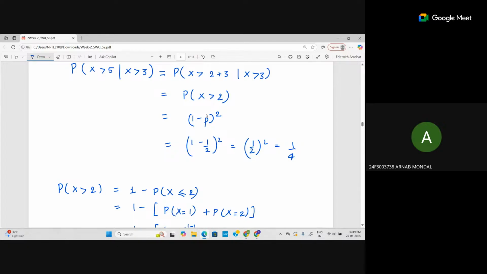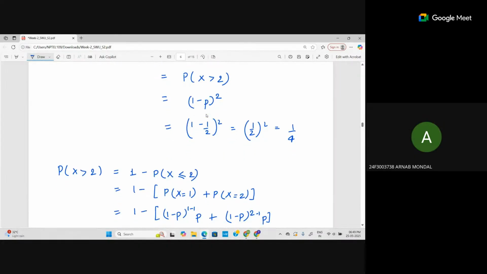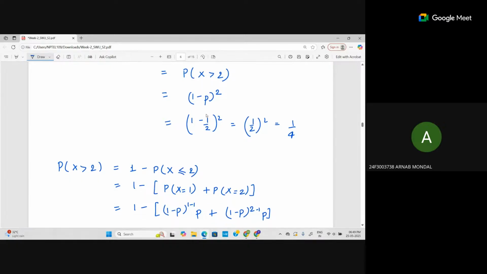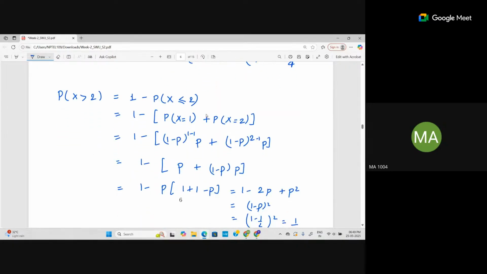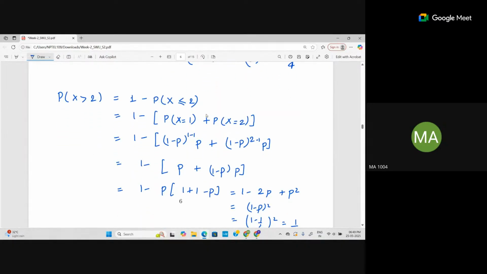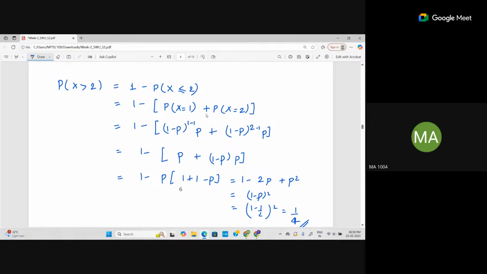Yes, X is greater than 2. Any other question?